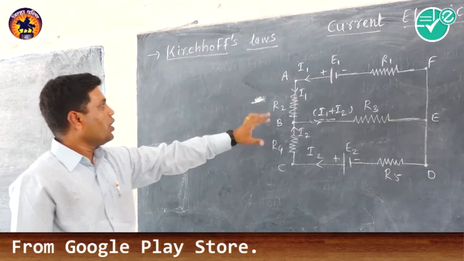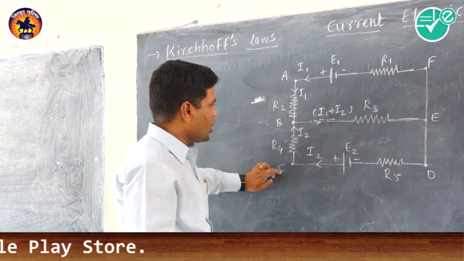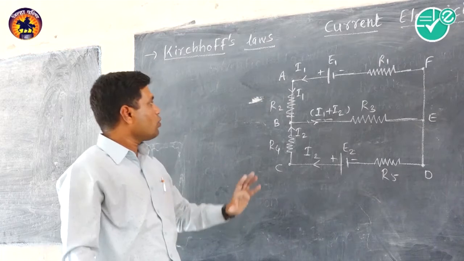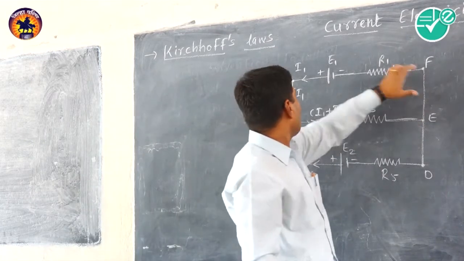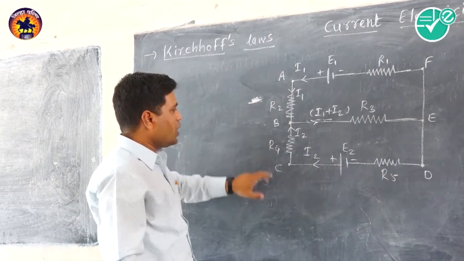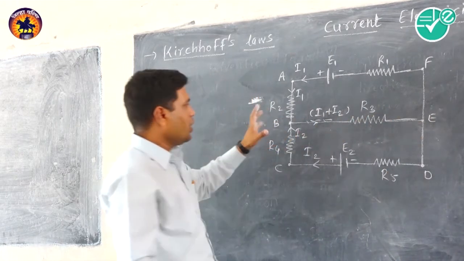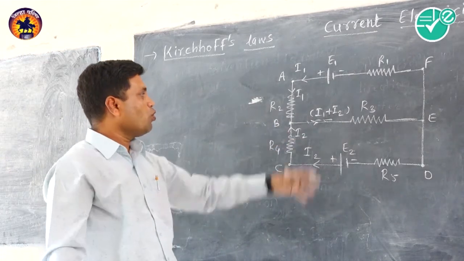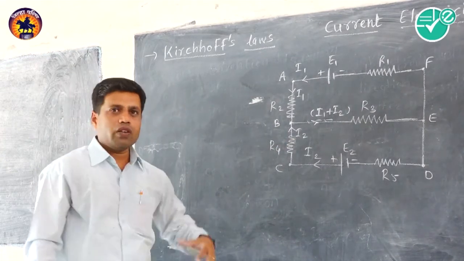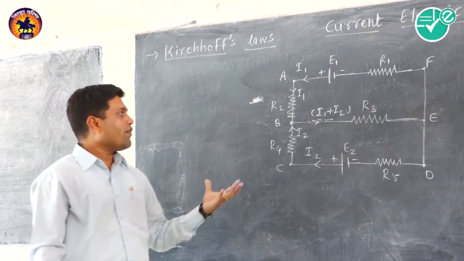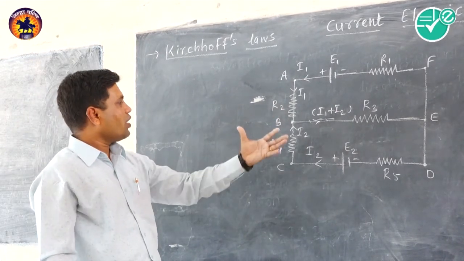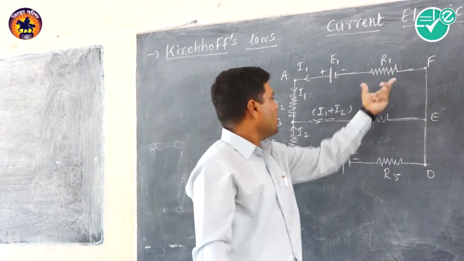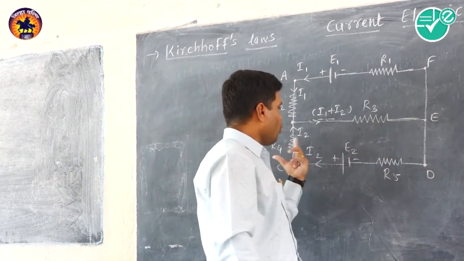It has different loops. The first loop is A, B, C, D, E, F and A. Second closed loop is A, B, E, F, A. Third one is B, C, D, E, B. These are the different closed loops, and to these three closed loops we have to apply KVL. Then why are we applying it? To calculate the values of I1, I2, R1, voltage across R2, that is V2, V1, V3, V4 and V5.